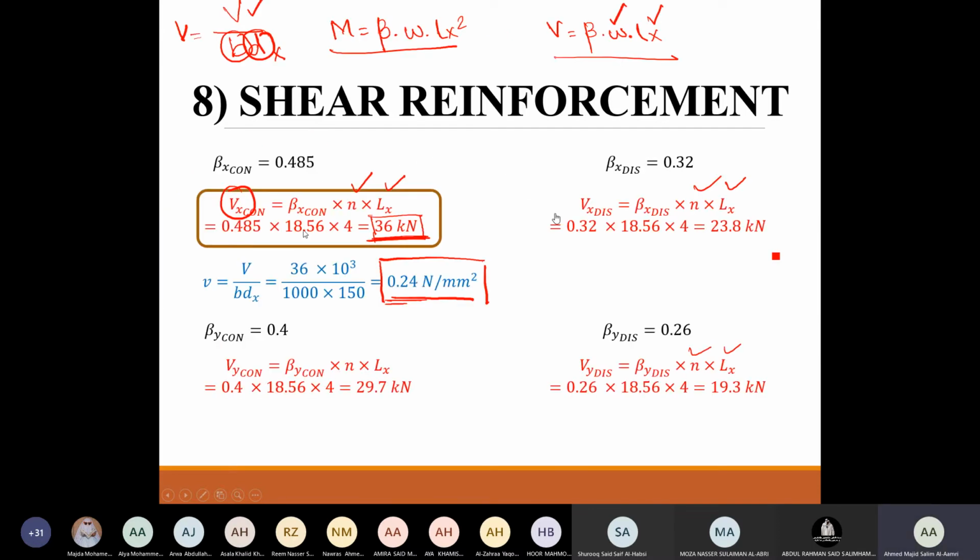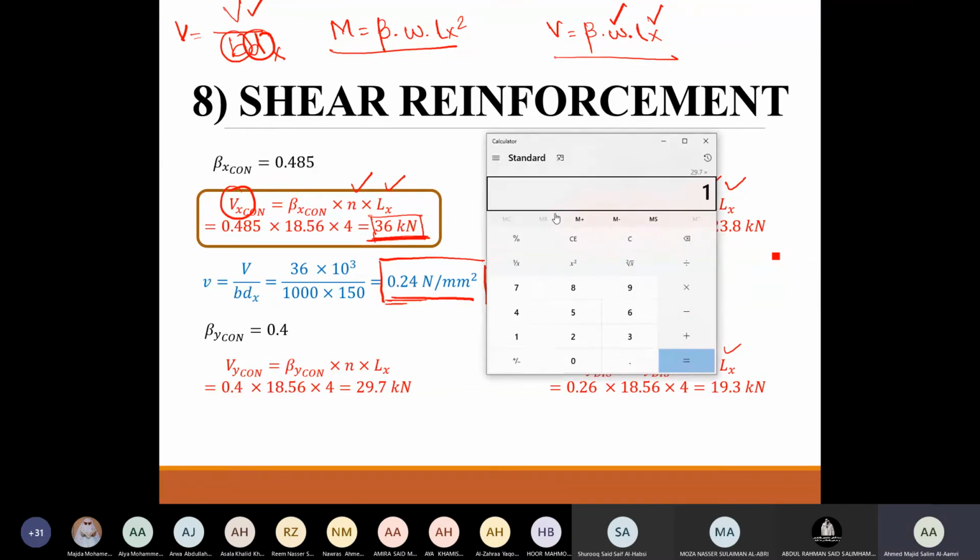For example, if we have taken 29.7 multiplied by 1000, divided by 1000 once again, and then divided by 140, it is going to give you 0.22. 0.22 is lesser than 0.24, so eventually X is going to be higher.